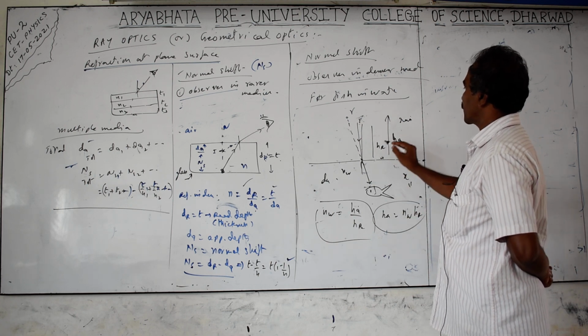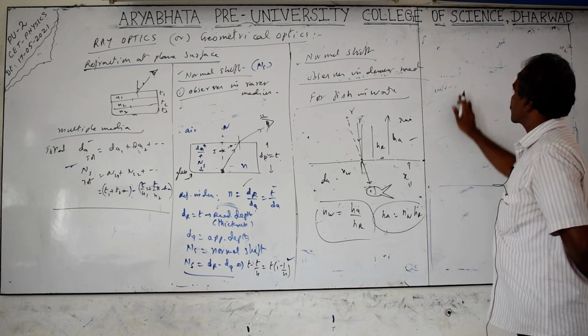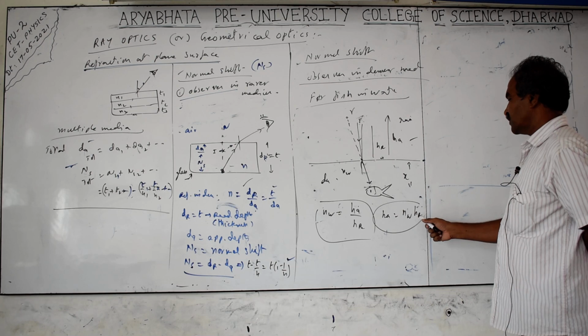And they will ask you a velocity question linked to this. Generally problems will be asked related to the velocities. The apparent height is nothing but n water, the refractive index of the water, into the real height.